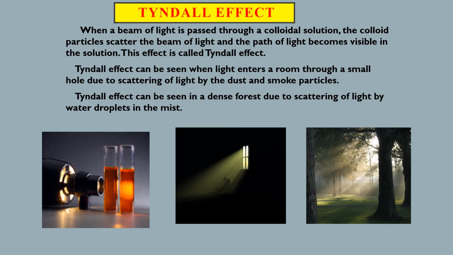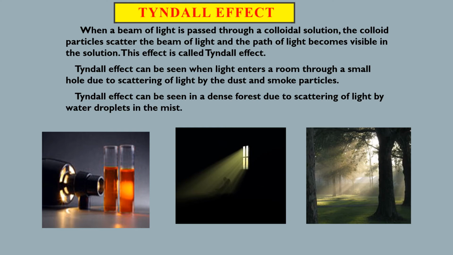Let us study Tyndall effect in detail. In nature, Tyndall effect is seen when light enters through a narrow hole into a dark room. The path of light becomes visible, and what makes it visible is the particles present in the room or in the atmosphere, as seen in the next picture.